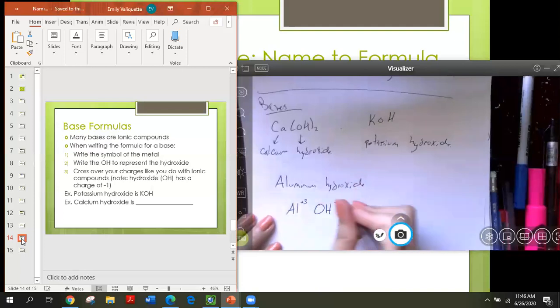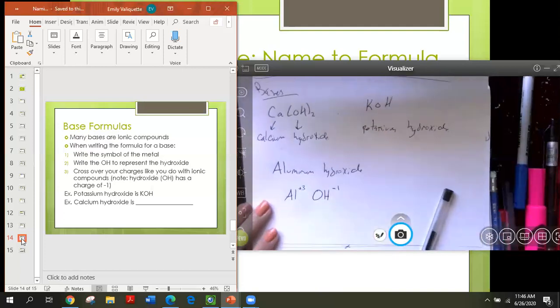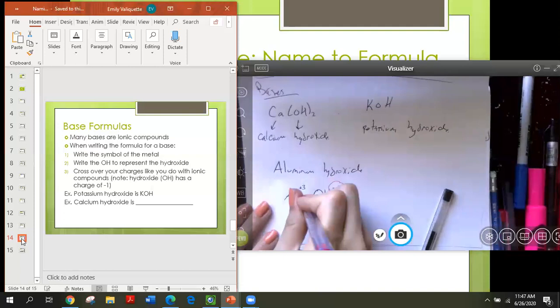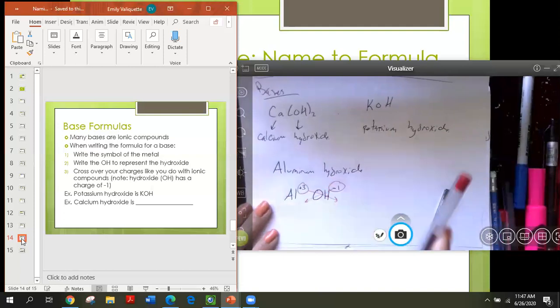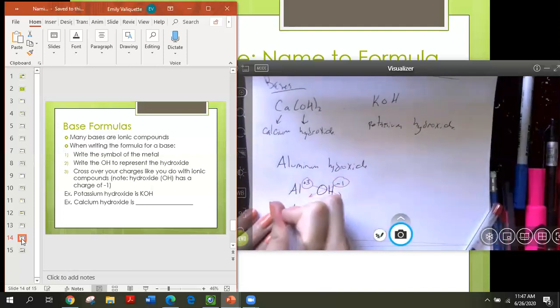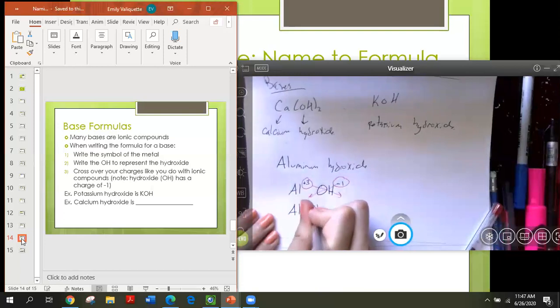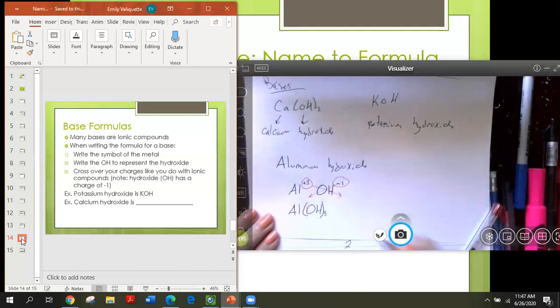Hydroxide has a charge of -1. And then we cross those over and end up with Al(OH)3, because remember, we don't bother writing in our ones, but I will write in that 3. And then to show that this 3 that crosses over goes to the entire OH, I do need to put the OH in brackets. So it would end up looking like that.